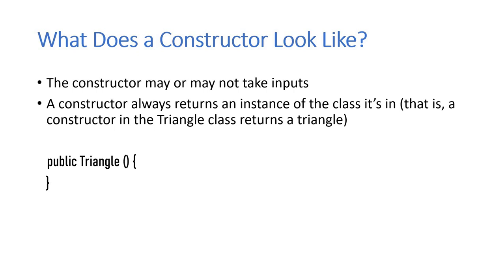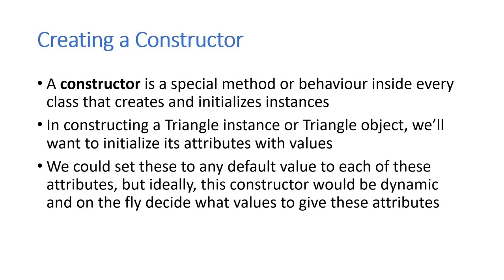We don't have to state it in the definition of the method because it's already built into Java to expect that behavior. In the implementation, we won't be using the return keyword either because no matter what we do in the constructor, it will always return an instance of the class. In this case, Triangle.